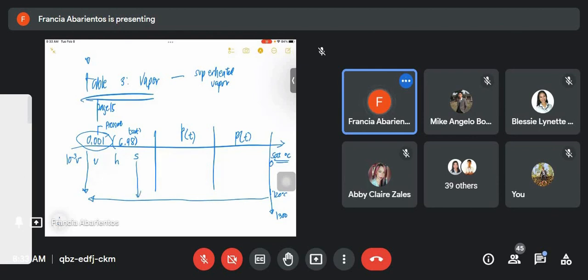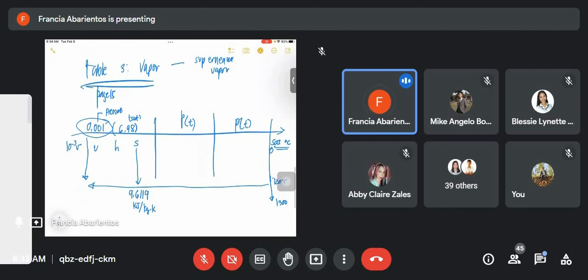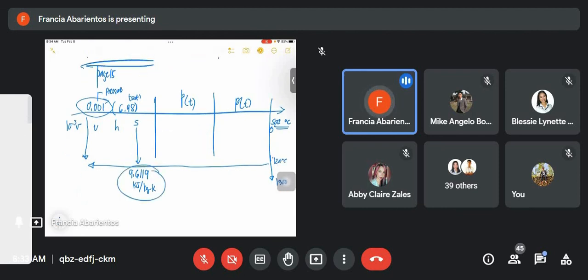So, yung entropy natin at 120 degree is 9.6119. Nakuha ba to, class? Kilojoule per kilogram Kelvin. So, this is now the entropy at that point, 120 degrees Celsius.